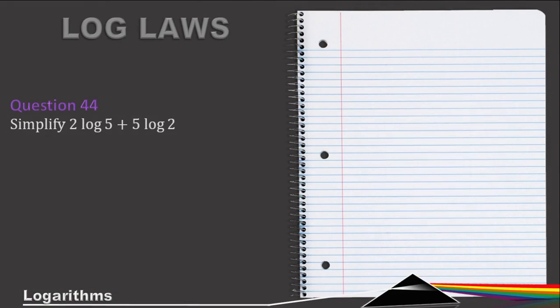Right, question 44. The same applies here. We can take the value in front of log and put it as the exponent of the numerical value. This will give us log 5 to the power of 2 plus log 2 to the power of 5. Let's work that out. This is going to be log 25 plus log 32.